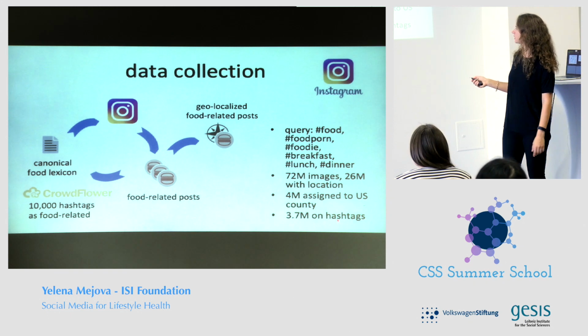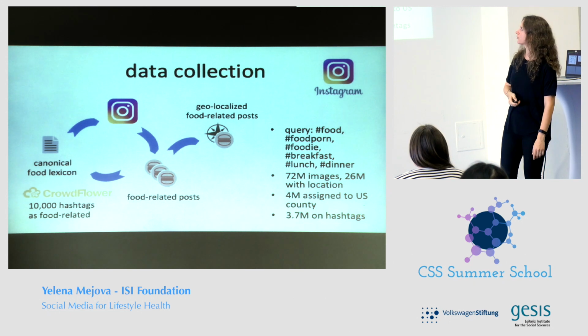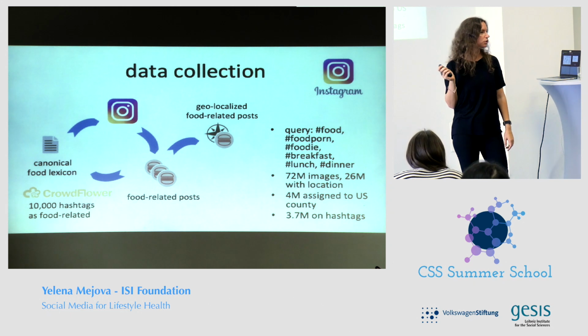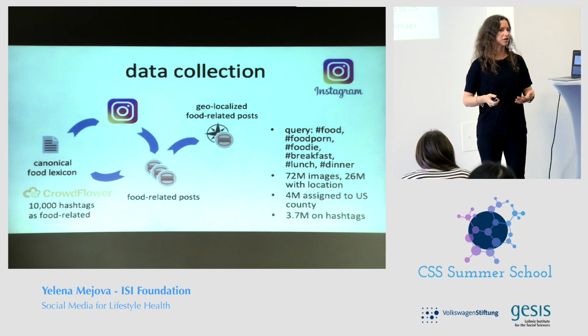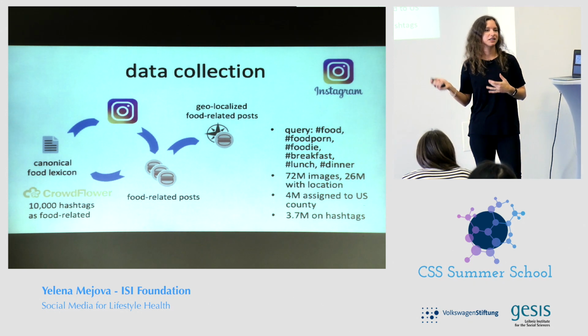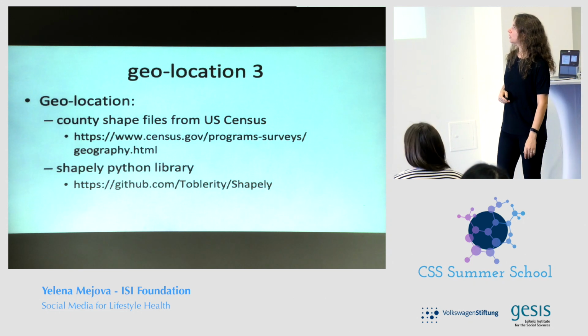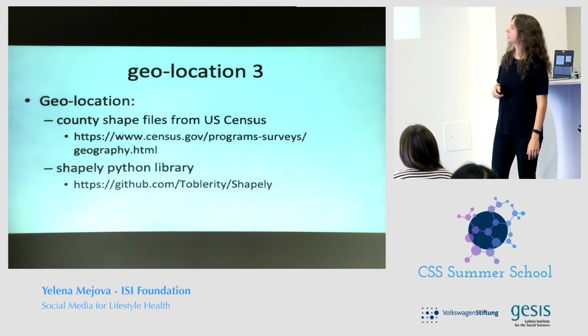So for the final set of hashtags, they got 3.7 million images. You can compare this to data sets that we've been talking about earlier that are standard in machine learning, which are thousands at best, right? And here we have millions easily. Again, they do geolocations and they actually use their own library.